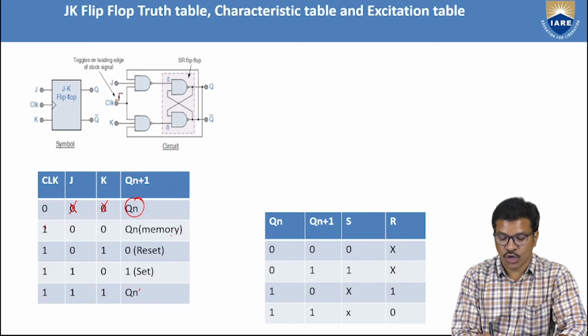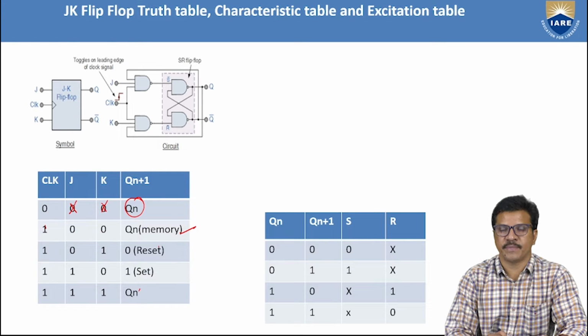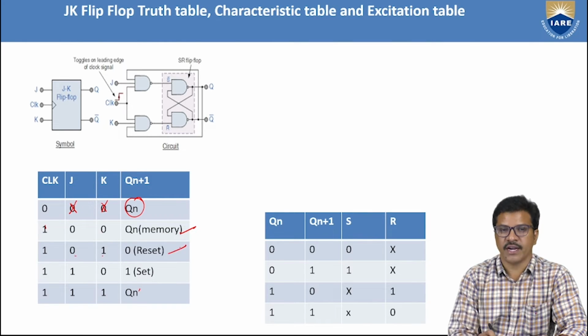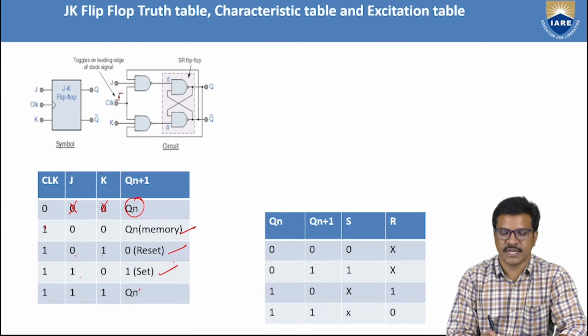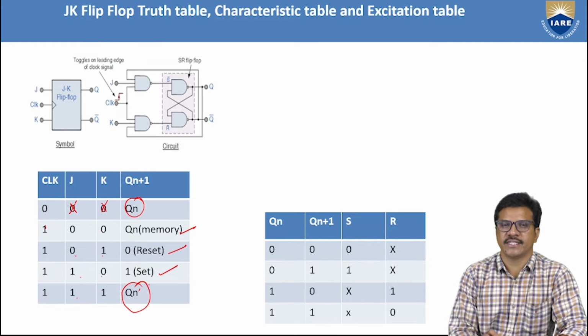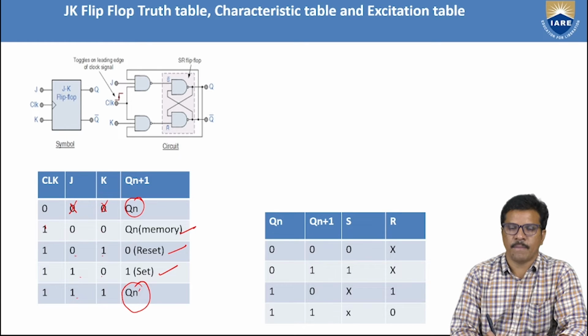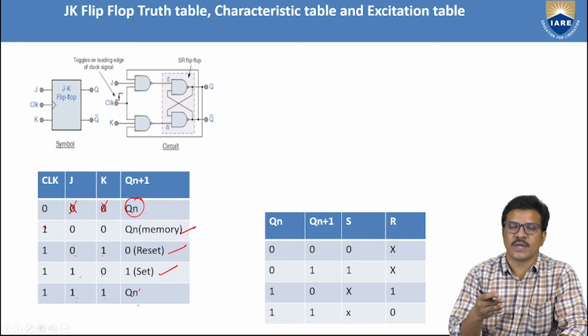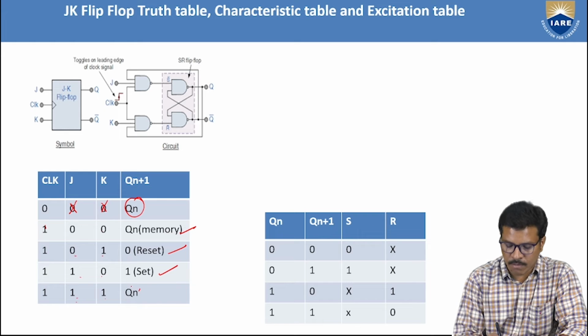If it is 0, 0, the next state is equal to the present state, which is also called memory. 0, 1 is treated as reset. 1, 0 is called the set state. And 1, 1 is the special case in the JK compared with the SR flip-flop: with 1, 1 input, the next state is equal to the complement of the present state, Qn bar.